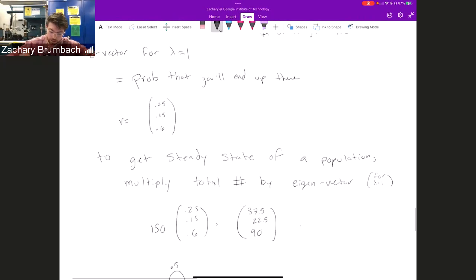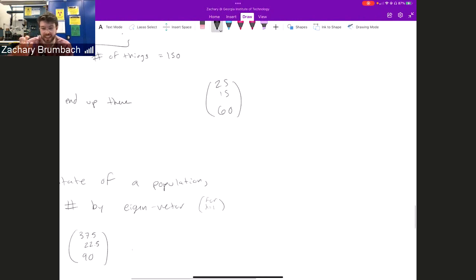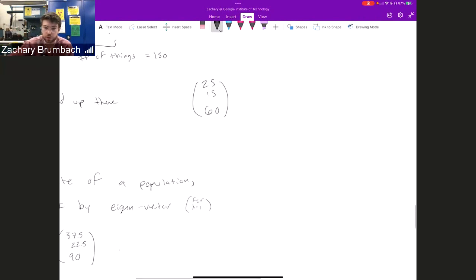So here, I made this best case scenario where these sum to 1, all right? A lot of times you'll get a vector that looks like 25, 15, and 60, all right? And what you do in this case for your eigenvector is you need to make it stochastic, right? You need to make it look like probabilities, okay? So for instance, if I have 3 things and I give you 1, my vector would look like 3 and 1, right? But you know that's the same thing as me having 75% and you having 25%, right?